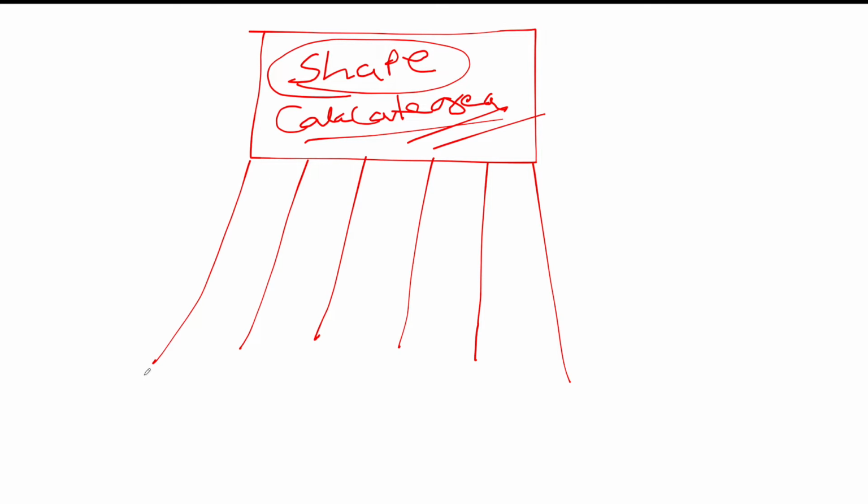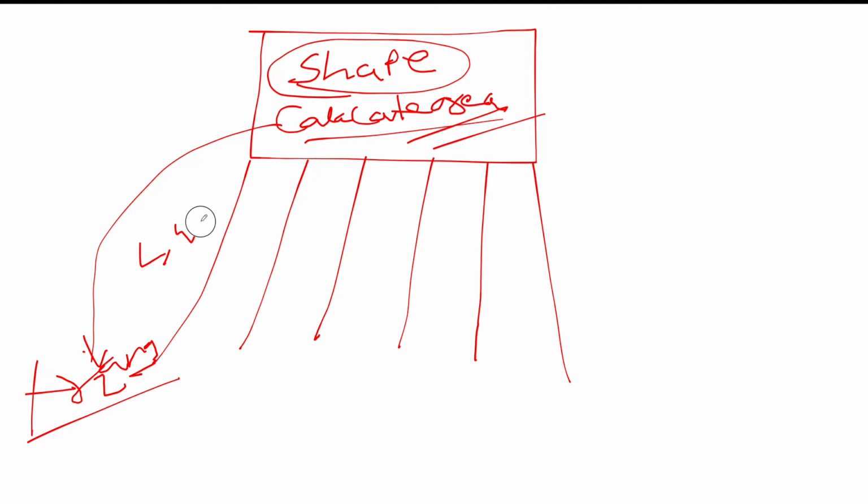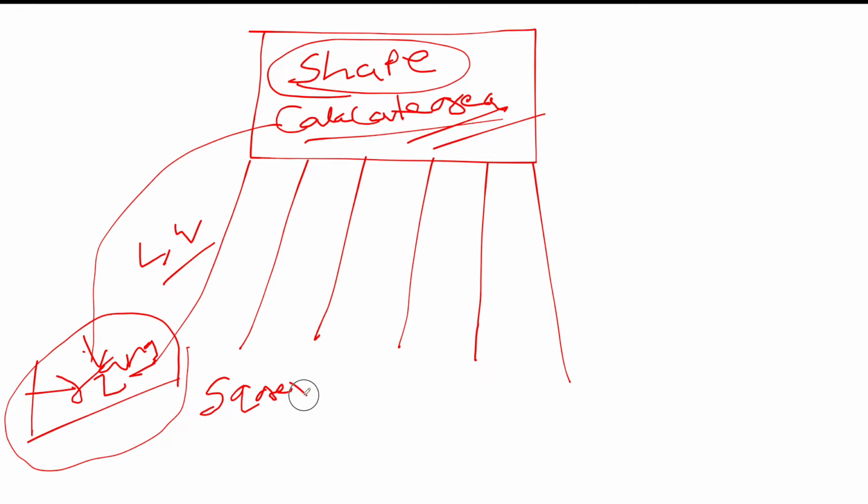So I created one class, and a subclass or derived class, that is Triangle, which inherits from this one, by passing some parameters, like length and width. Then calculate this one. It's the same as Square, by passing length.